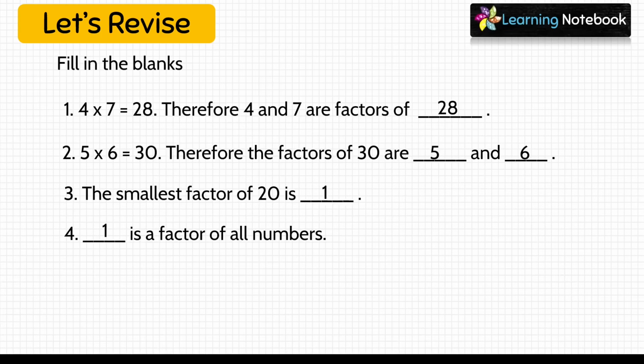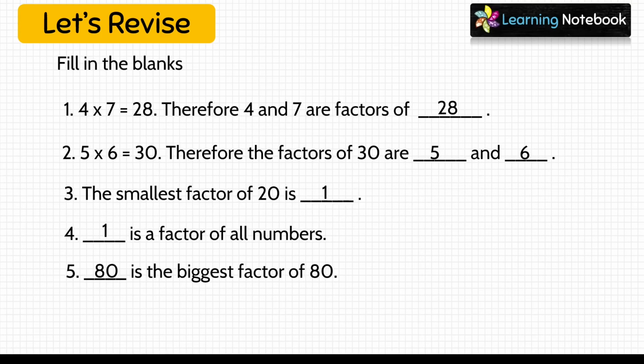Answer is 1. 1 is a factor of all numbers. Let's see the next question. Dash is the biggest factor of 80. Answer is 80. Because we learned the property that a number itself is the greatest or biggest factor of itself.